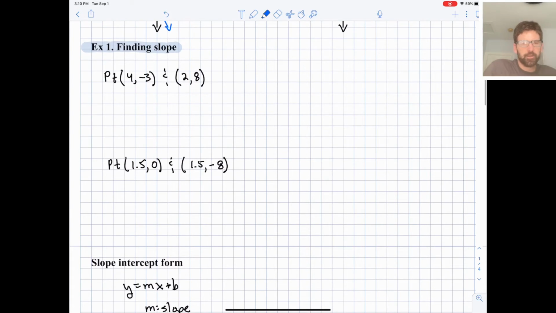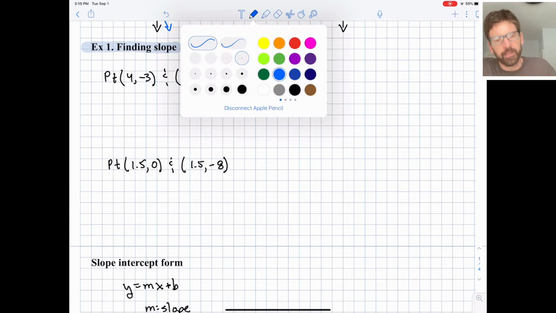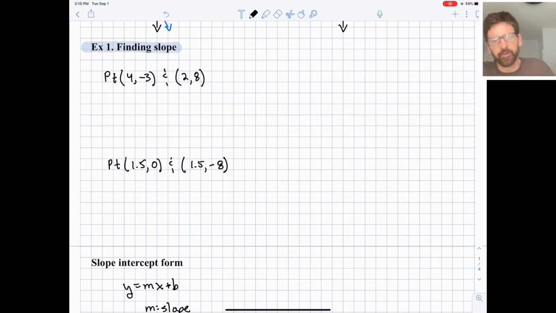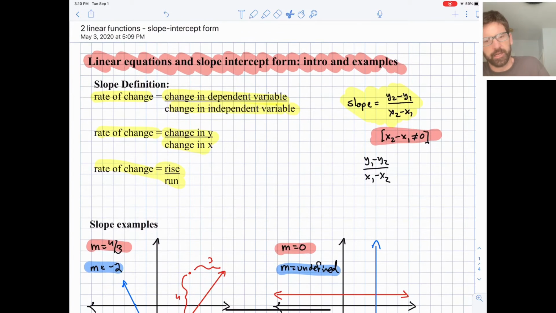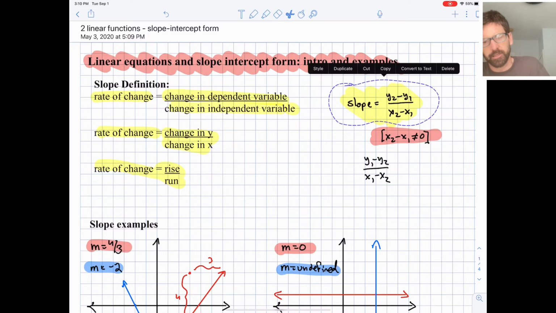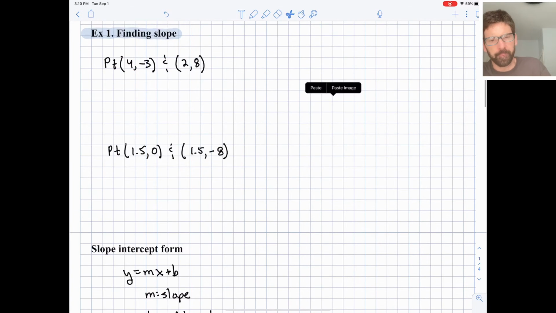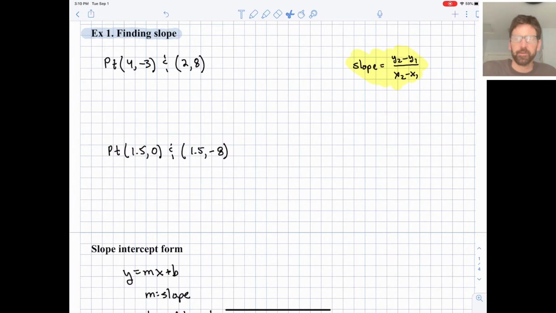All right, let's go through a little bit of practice on finding slope here, and we're going to use that formula as a quick reminder. We're going to subtract the y's, dividing by a subtraction of the x's. The most common mistake here is involving negative signs and subtraction of negatives.